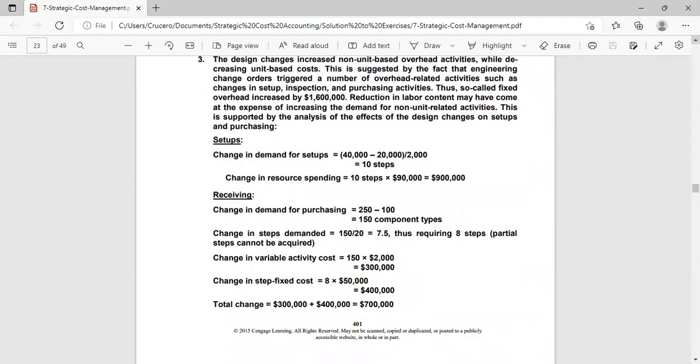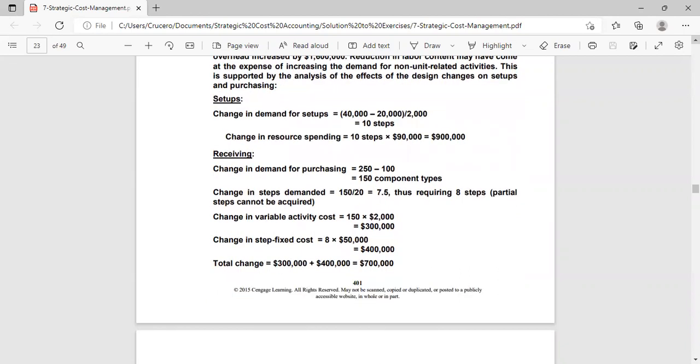So we have setups, change in demand for setup: 20,000 divided by 2,000, we get 10 steps. Now the change in resource spending: 10 steps times 90,000 is 900,000.